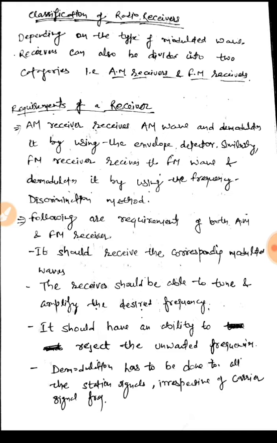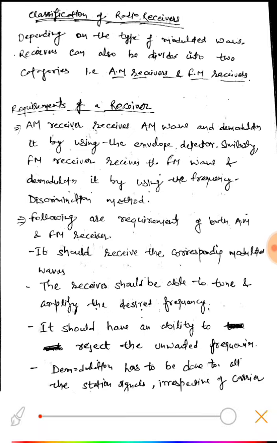There are some basic requirements of a good receiving system. It should receive the corresponding modulated wave. That is, if it is made for receiving amplitude modulated waves, then it should receive the corresponding amplitude modulated wave.